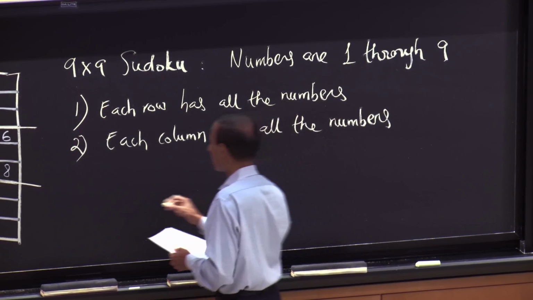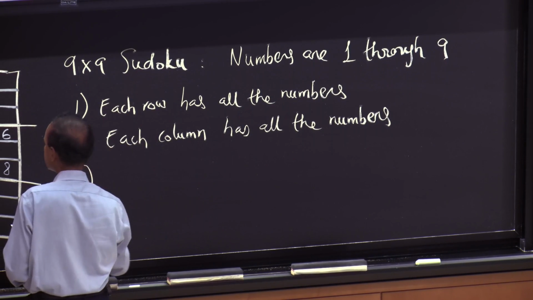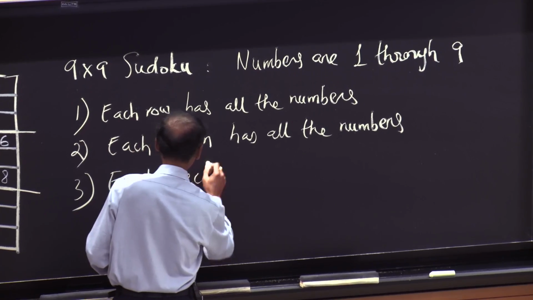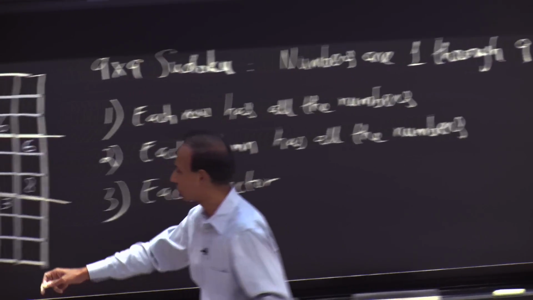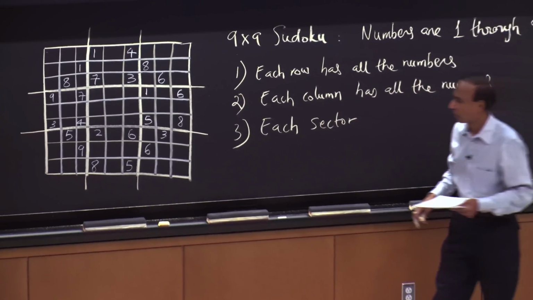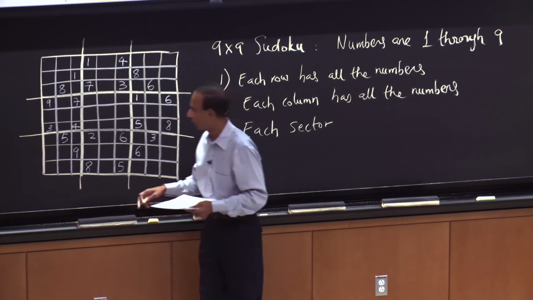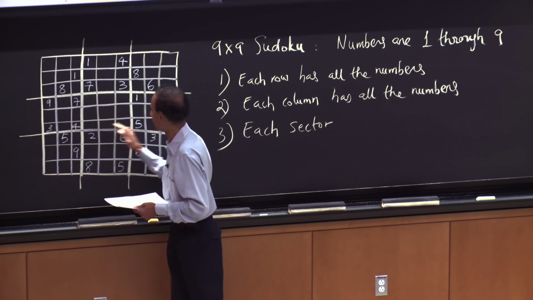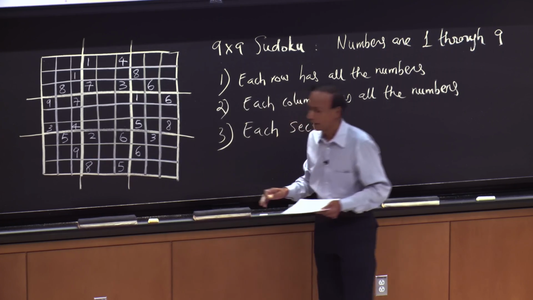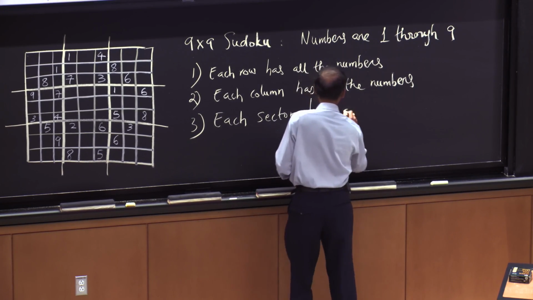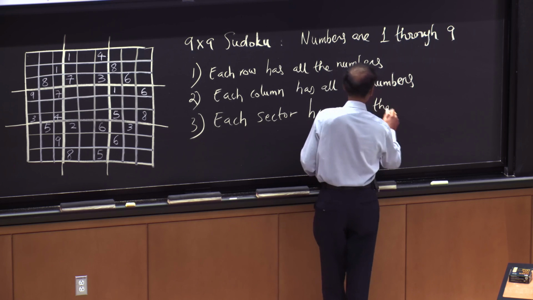So there's 9 rows and 9 columns. And then each sector, which is a 3 by 3 grid, and so that's why I have these overhangs here corresponding to pointing out what the 9 sectors are in Sudoku. So this is a sector, that's a sector, this middle one, which is completely blank right now, is a sector, etc. So each sector has all the numbers.